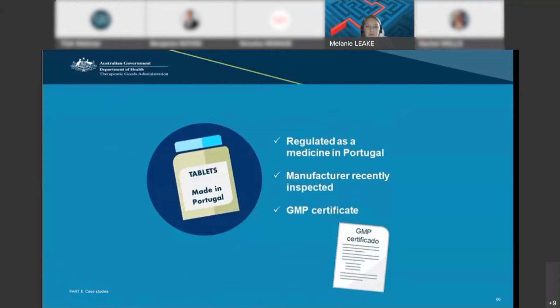She needs to confirm if the product is regulated as a medicine in Portugal, and Susie confirms it is. Whether the site has recently been inspected by the Portuguese regulator, and Susie confirms that it has. And if the manufacturer has a GMP equivalent certificate to TGA standards, Susie confirms that they do, and they forward this on to her.